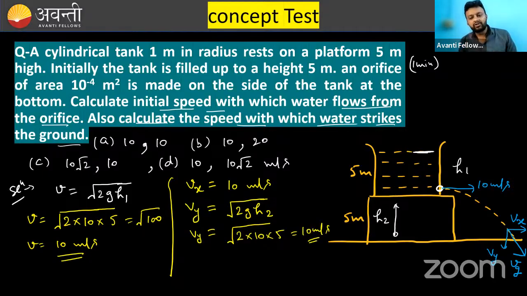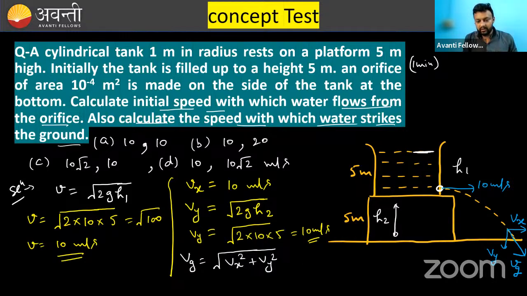So we have calculated horizontal velocity, we have calculated vertical velocity. So velocity at the ground is under root Vx square plus Vy square. That's how it is calculated. Vx square plus Vy square under root, from the parallelogram rule of vector addition, under root a square plus b square plus 2ab cos theta.